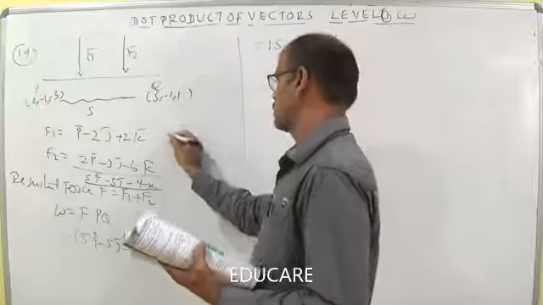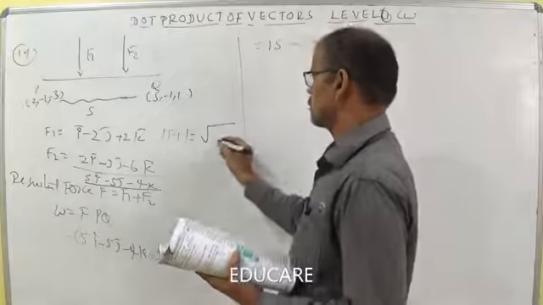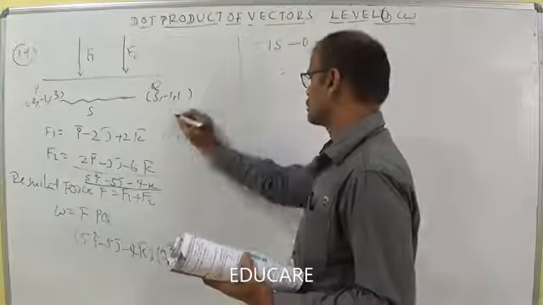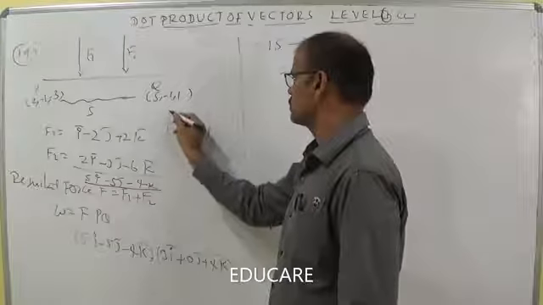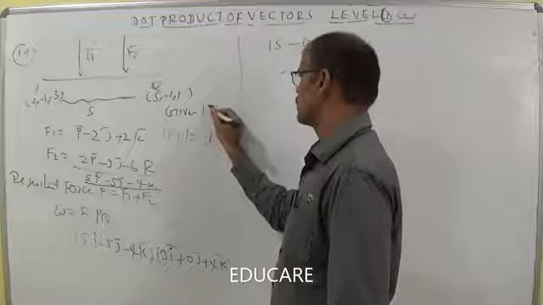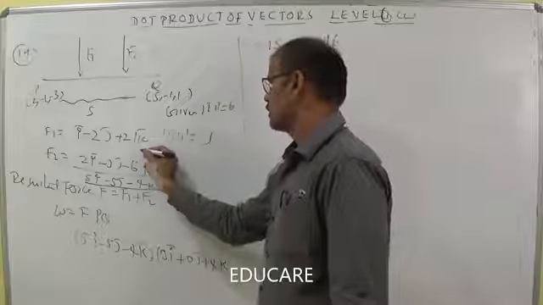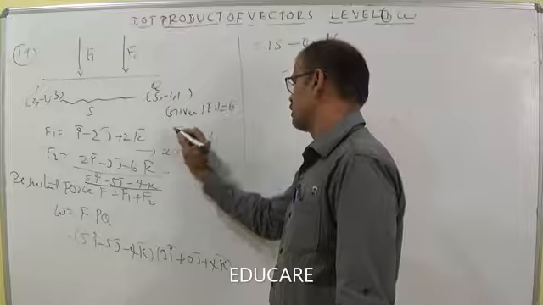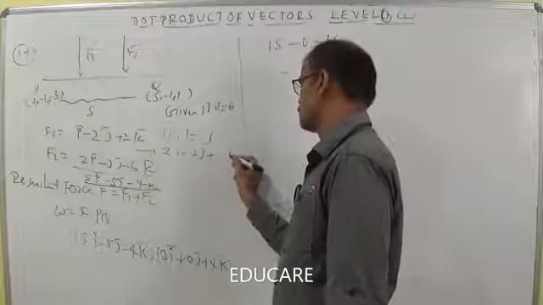Let us discuss the magnitude. For F1 it becomes 1 plus 4 plus 4, which is 9, so the magnitude is 3. Given mod F1 is equal to 6. So here you try to understand it as 2i minus 4j plus 4k.